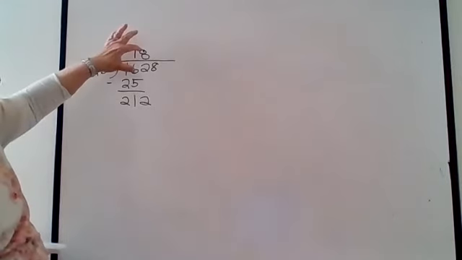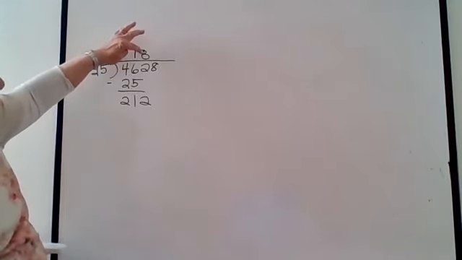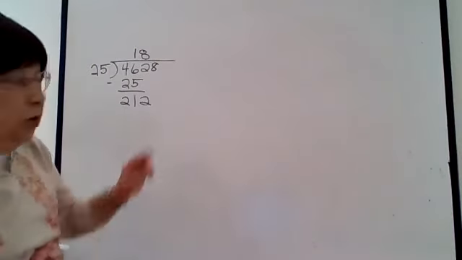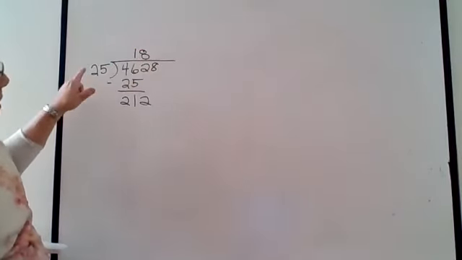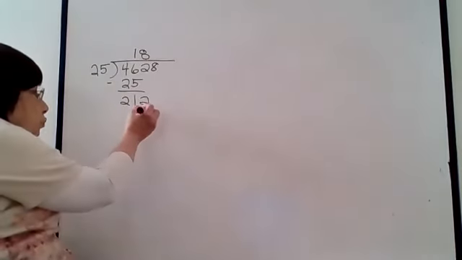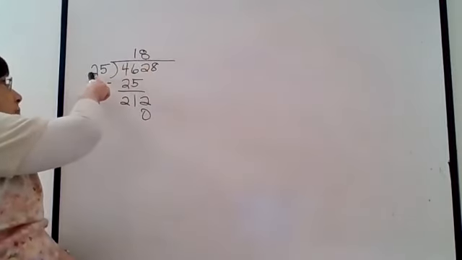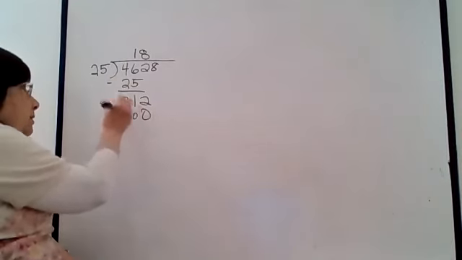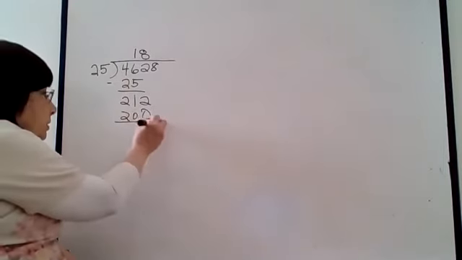Okay, so again, I put a number on top, I multiply by that number. Just by the 8, I don't multiply by the 1, I just multiply by the 8. 8 times 5 is 40. And 8 times 2 is 16, plus that 4 that I carried is 20, right? 8 times 25 is 200.